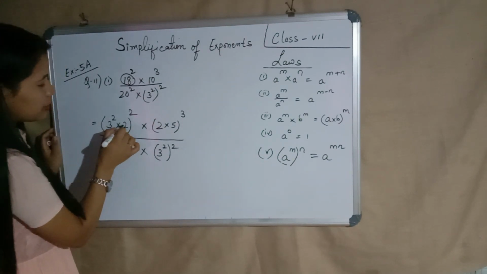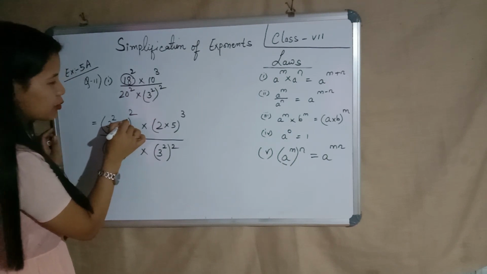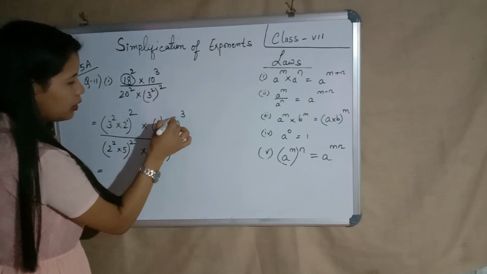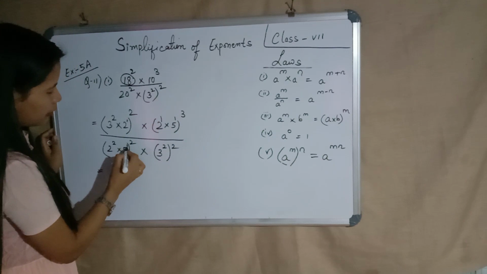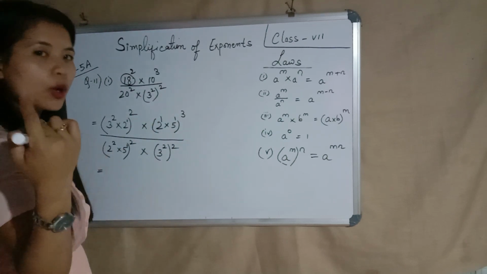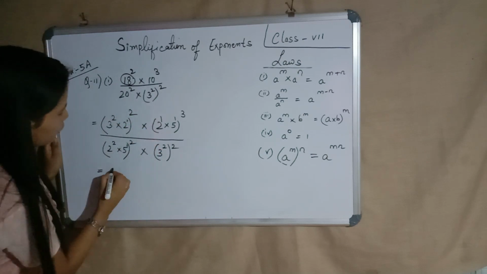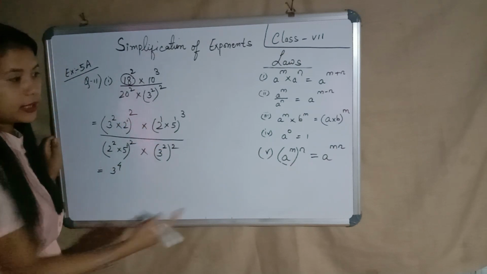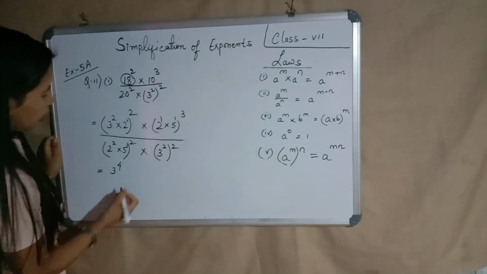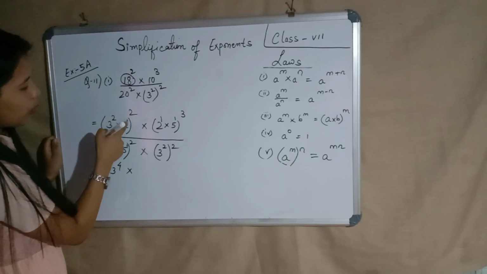So 2 does not have anything, which means it always has 1 here. So always remember, if we don't express any power, that means that number always has 1. So 3 raised to the power 2 raised to the power 2 again will be 3 raised to the power 4. That is multiplication of powers, into 2 raised to the power 1 into 2.